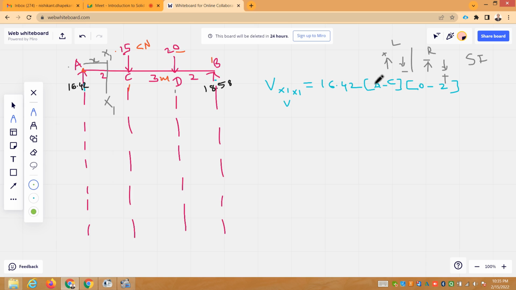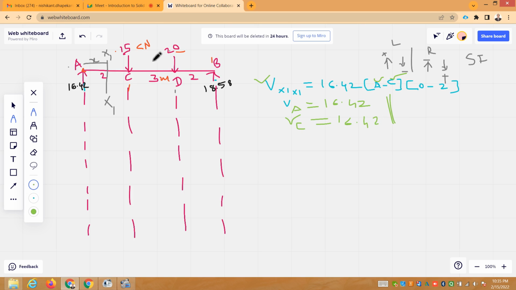Shear force at A is equal to 16.42. Shear force at C is again 16.42, because you cannot substitute the value 2 anywhere in this master equation, as you don't have any variable x here. So the same value, 16.42. In this way you have calculated the shear force.